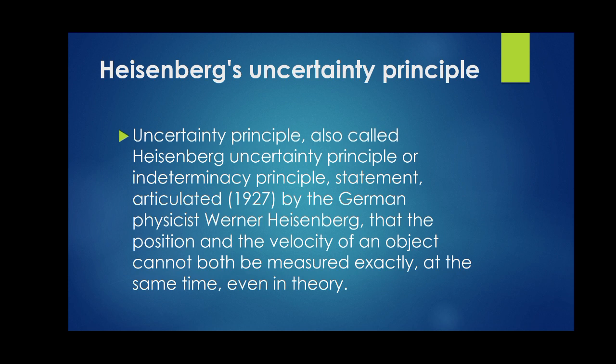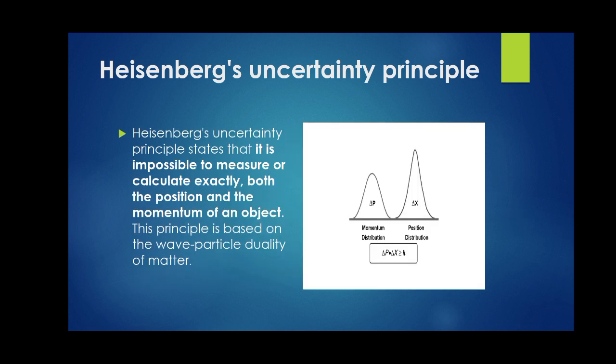But let us see the graph and equation form of Heisenberg's uncertainty principle. In this graph we have momentum distribution as delta p and position distribution as delta x, and delta p into delta x is greater than or equal to h cross.